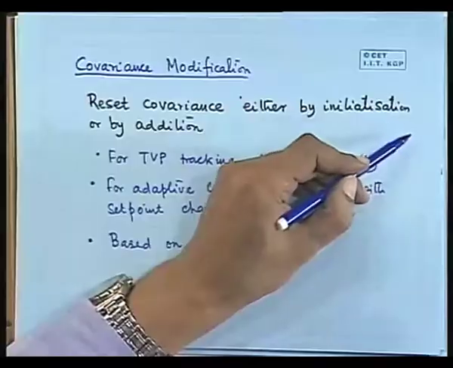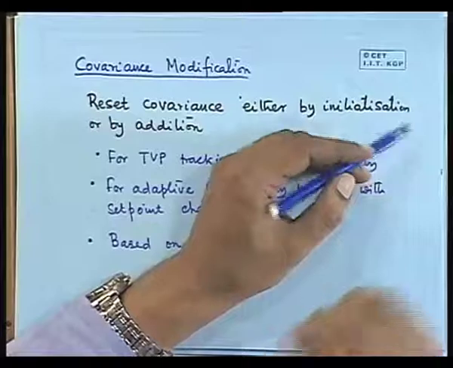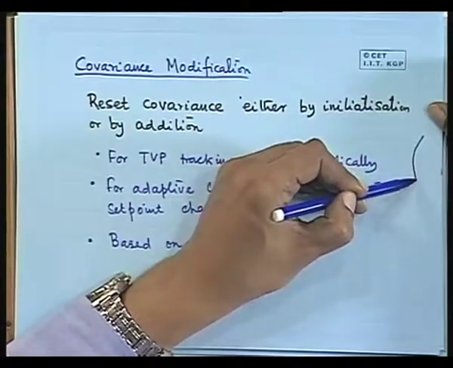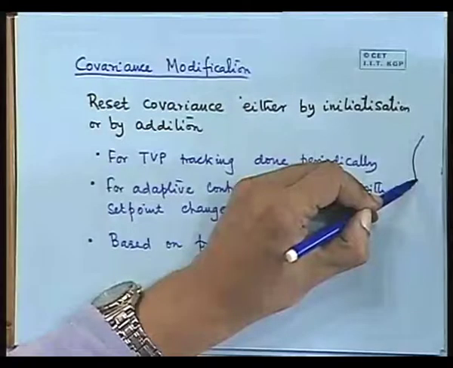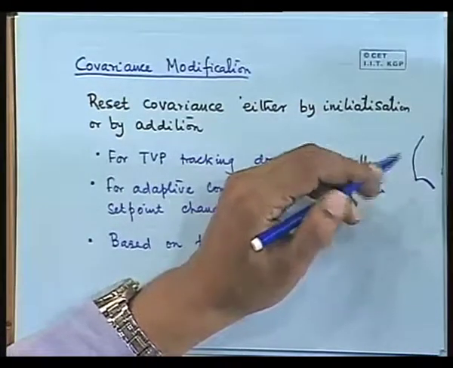So suppose you are running an online estimator. What you are going to have is that the parameters have converged and your covariance has died. Now suddenly the operator has changed his operating point. Now the model does not fit, so there is some error generated, but your covariance is gone.